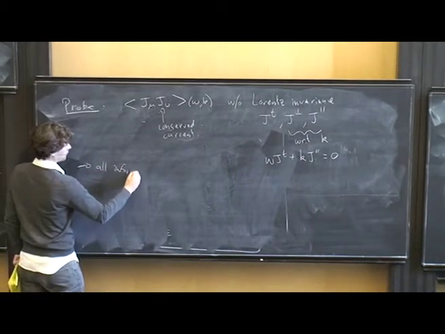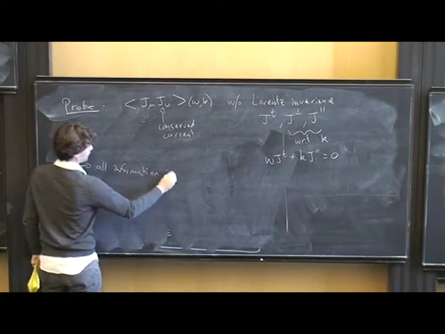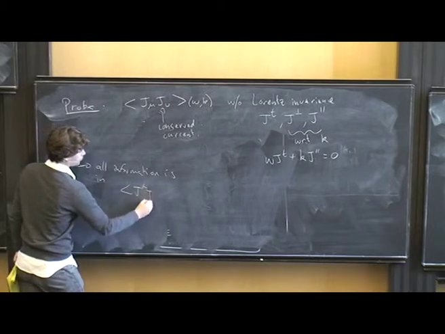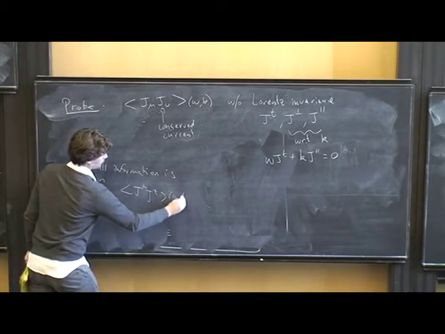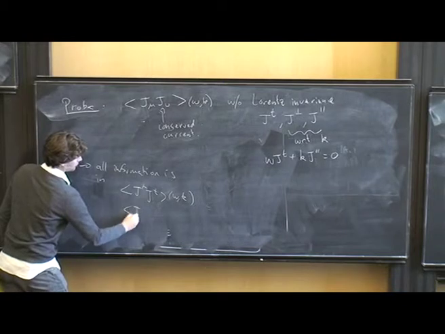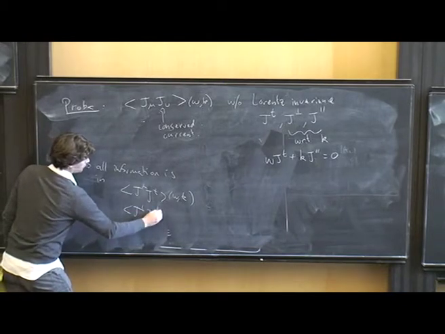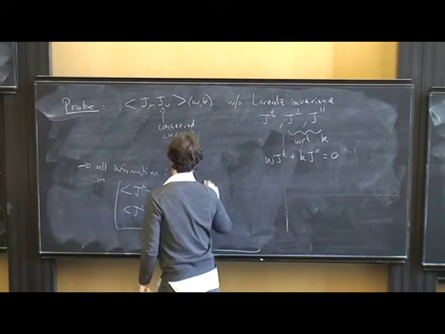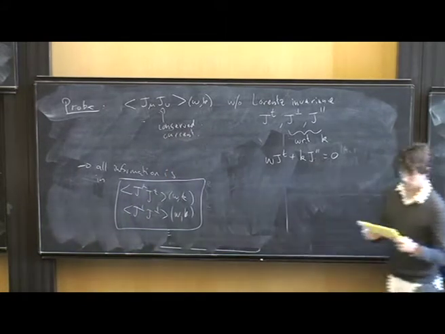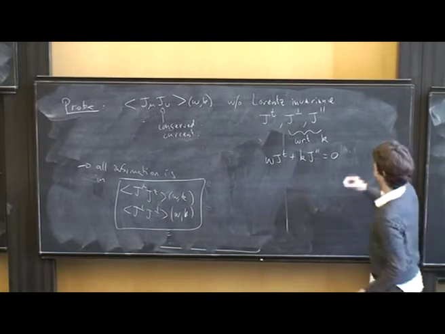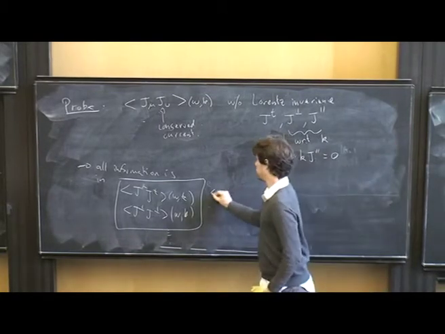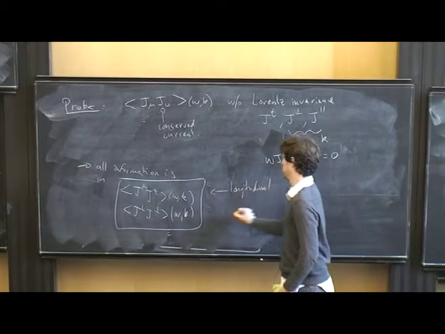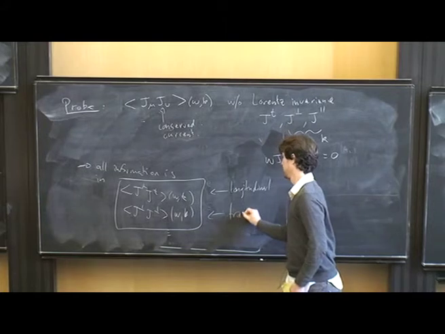All the information is in two quantities. The density two-point function and the transverse current two-point function. This is called the longitudinal channel, and that's the transverse channel.